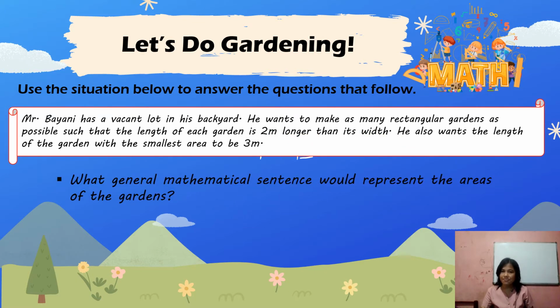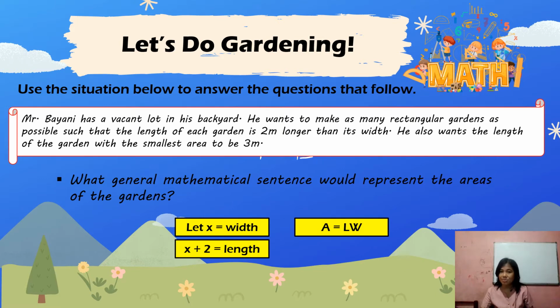The next step is to answer this question: what general mathematical sentence would represent the areas of the gardens, or in other words, create your equation for you to solve this problem. If the length and the width are x and x plus 2, and area is length times width, then you just multiply x and x plus 2.